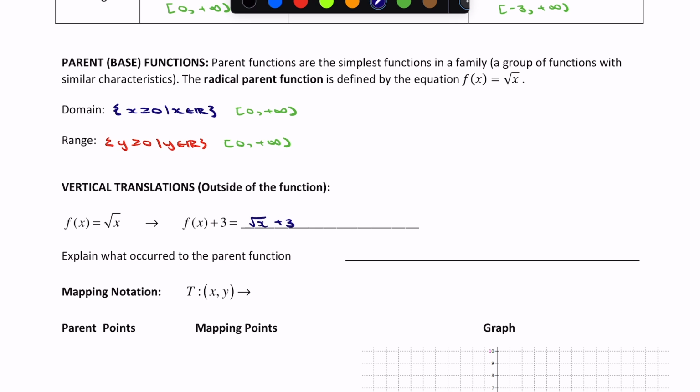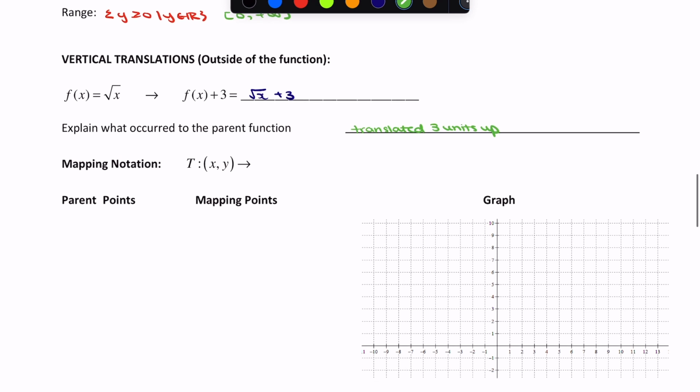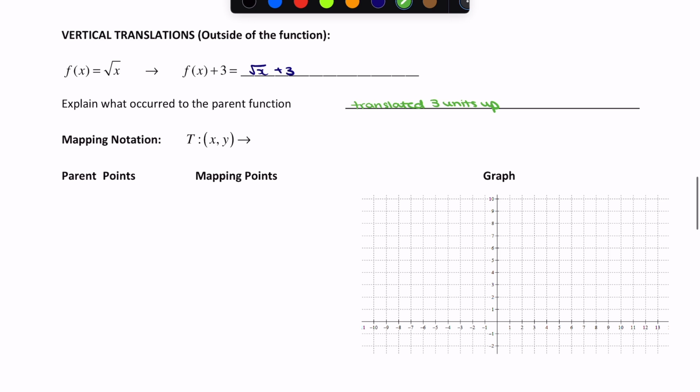So make sure that it's written outside of the square root. What's happening here is a vertical translation. So here we will write that it's translated 3 units up. And so our mapping notation, our x values would stay the same, our y values would increase by 3.